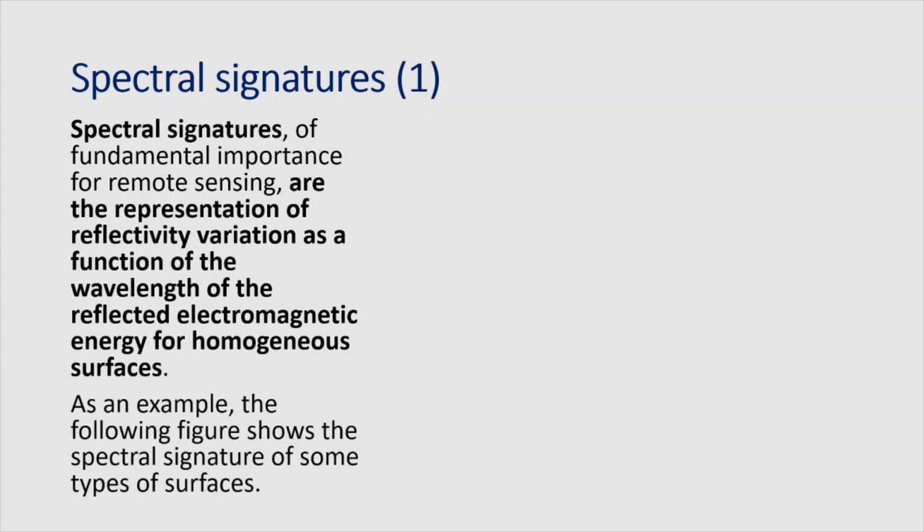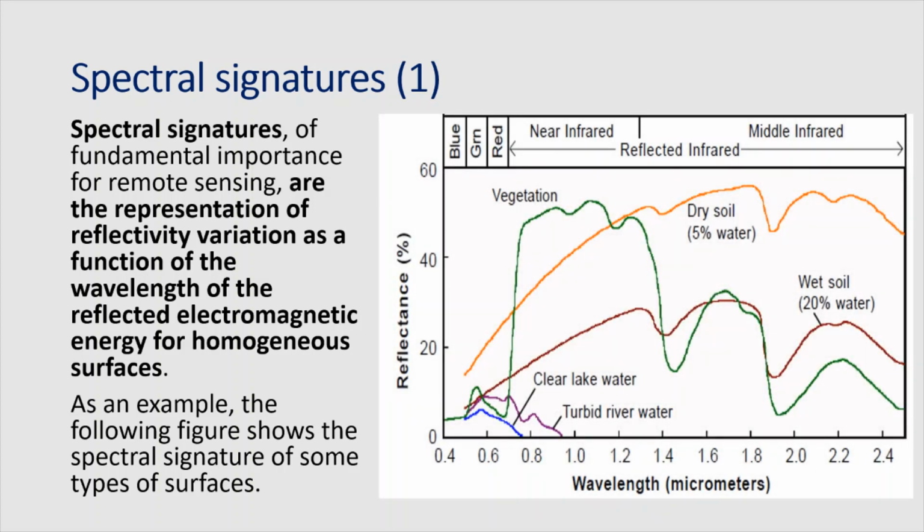As an example, the following figure shows the spectral signature of some types of surfaces. You see here another diagram where on the x-axis we have wavelengths in microns, ranging from 0.4 to 2.4, which means from the visible to the mid-infrared. On the y-axis we have a percentage of reflectance, in this case ranging from 0 to 60.